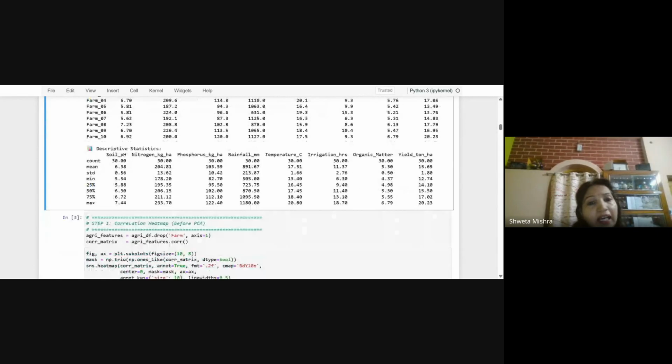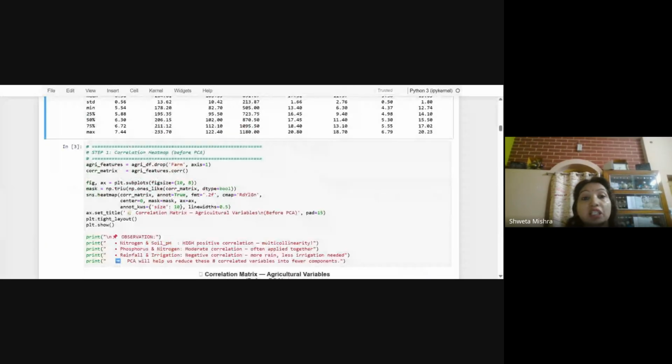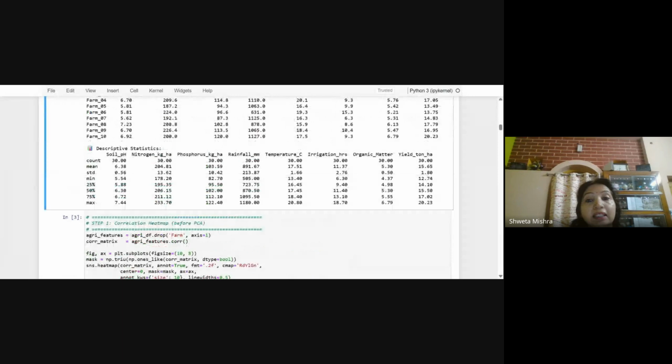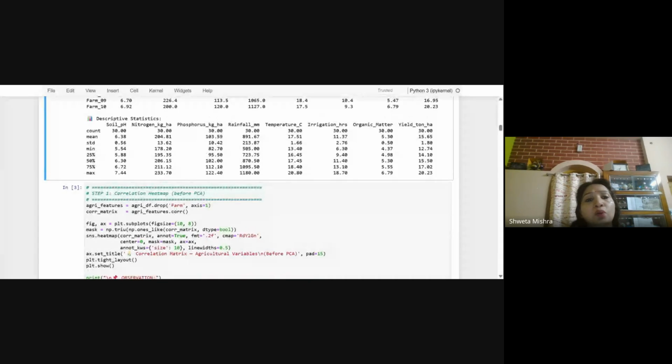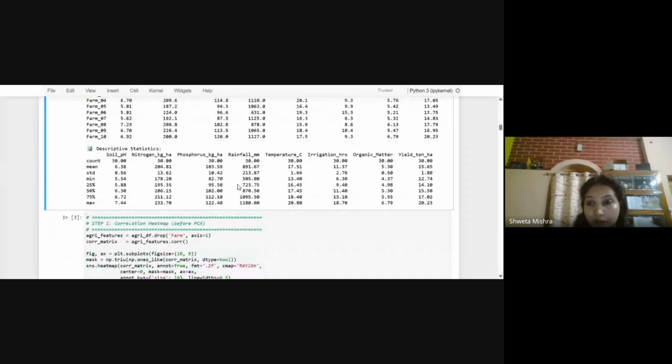Next, we simply construct a correlation plot, because understanding the relation is very important: how one variable impacts another variable. Suppose we consider how soil pH and nitrogen impact each other, or how rainfall and temperature impact each other, or whether they impact the farm or not.